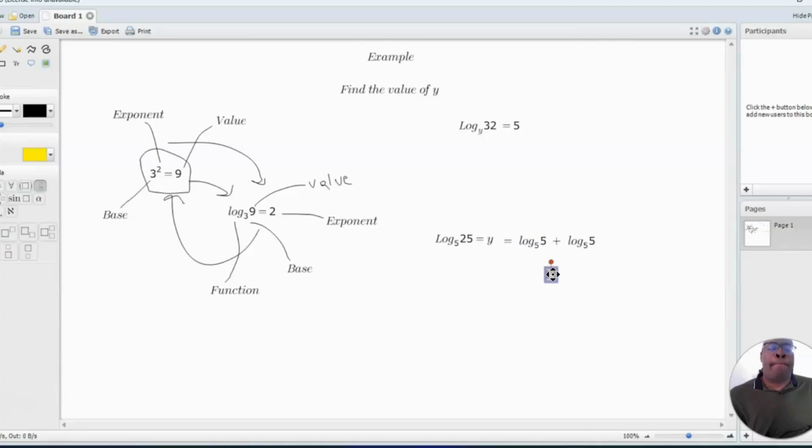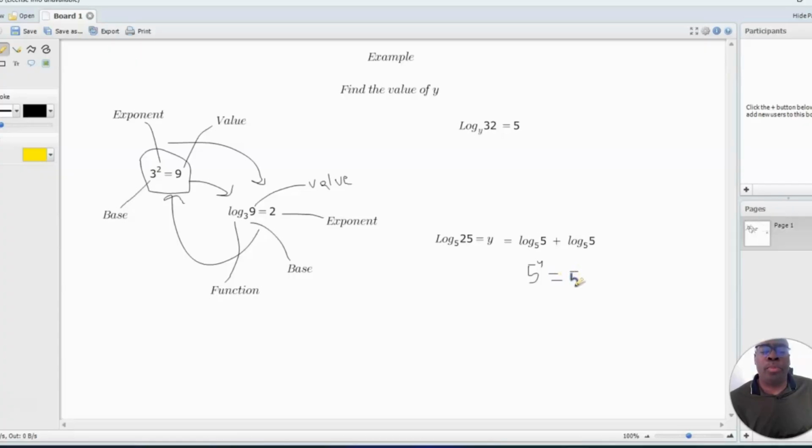Now remember, for you to understand, you can look back on this part of the lesson. Note that this is the value, this is the base. So you're basically asking yourself this question: 5 is the base, we want to find y, which is the exponent that will give us back 5.